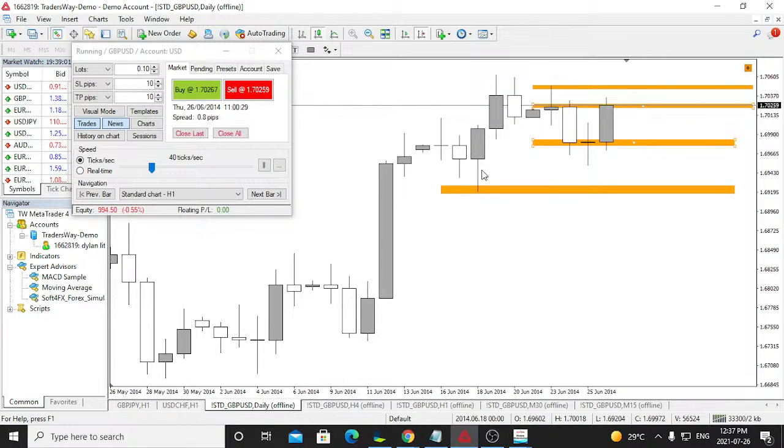So these are all relevant stuff in the higher time frames. Support slash resistance. Very, very relevant stuff.